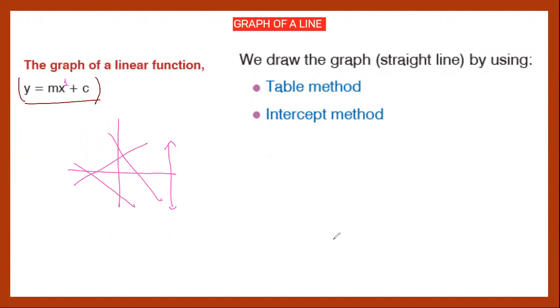We can draw the graph of any equation of this type by the table method and the intercept method, by two methods. Is there any other method? Not really, because any method that you are going to use is going to be in one of them.